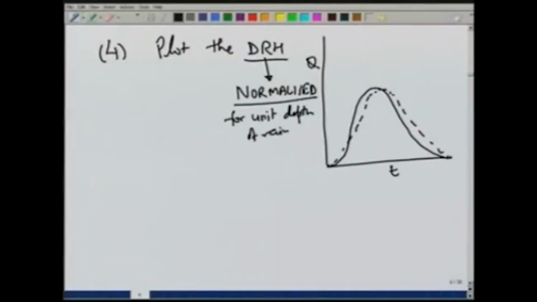So, all the 3 or 4 whatever storms we have selected will have different DRHs, and our aim now would be to average these.